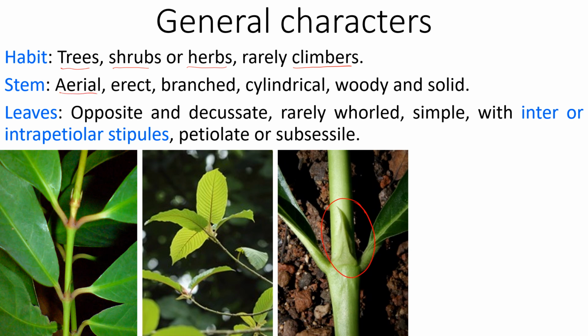Stem is aerial, erect, branched, cylindrical, woody, and solid. Leaves are opposite, which can be easily seen here. They are decussate, meaning every alternating pair of leaves is at right angles to each other. They are rarely whorled, but leaves are simple with inter or intrapetiolar stipule. That characteristic can be seen here. Then they are petiolate or subsessile.